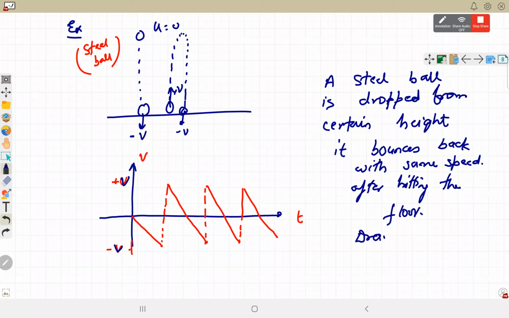Draw its velocity-time and displacement-time graph.